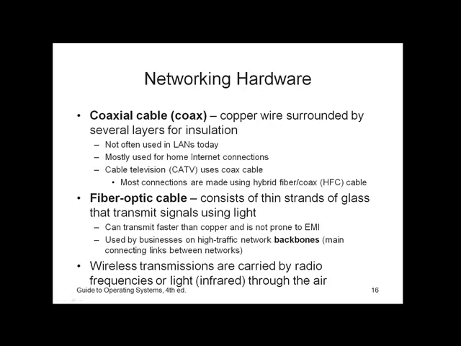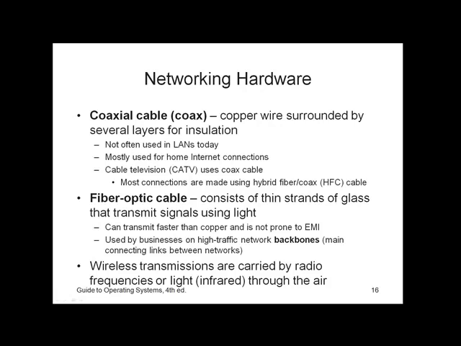Now, fiber optic cable you're beginning to see quite a bit of. Fiber optic cable consists of thin strands of glass that transmit signals using light. Fiber optic cable can transmit faster than copper and it's not prone to EMI at all. We often use fiber optic cable in businesses or on high traffic network backbones.